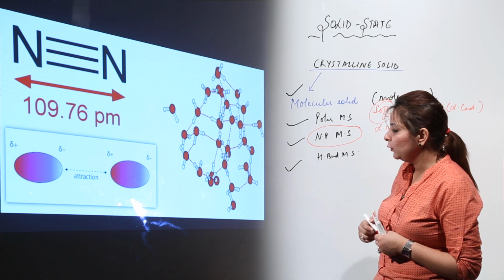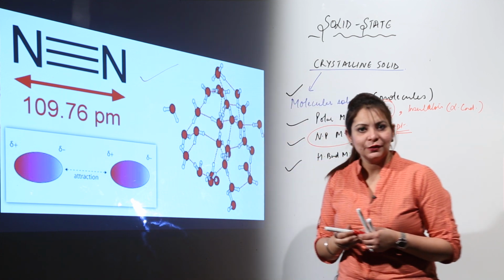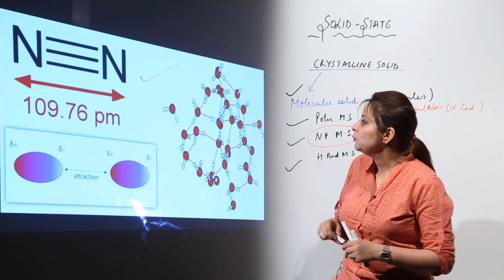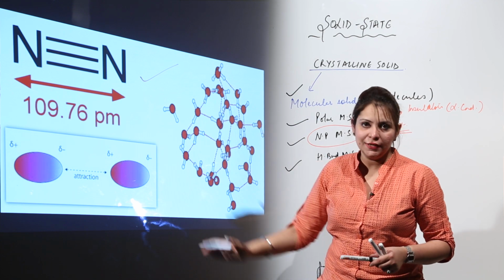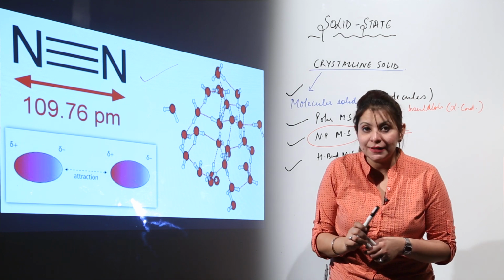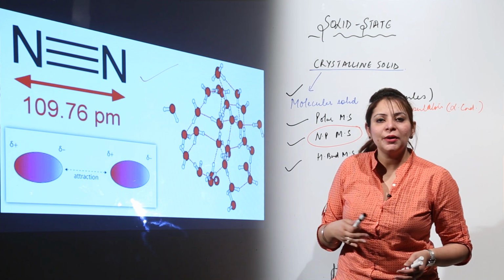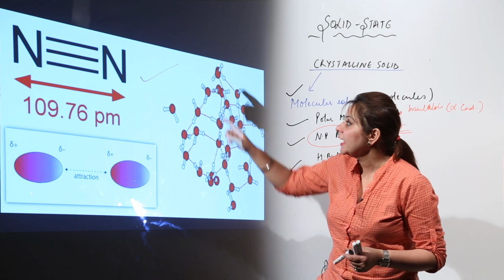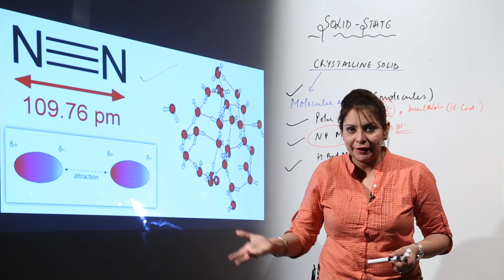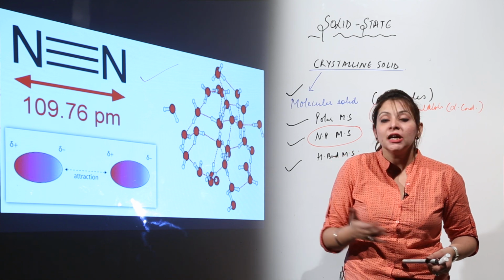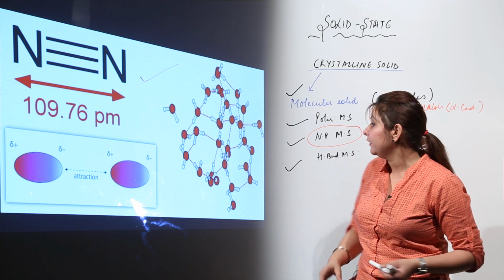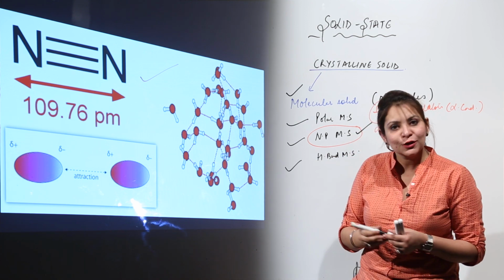Take this example, in which there is a triple bond between N and N. Both are nitrogens, so their electronegativity is the same because their size is the same. So the shared pair is going to stay in the middle of them, and as a result there won't be any partial negative or partial positive charge. That is why you call this N2 a non-polar molecule, and it is categorized as a non-polar molecular solid.